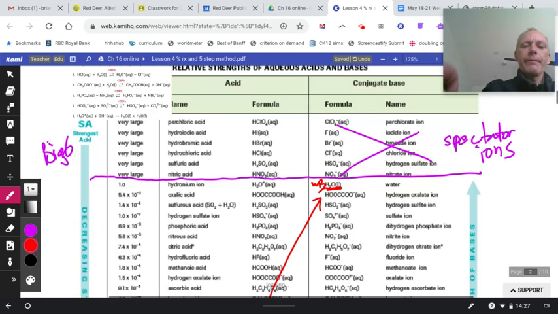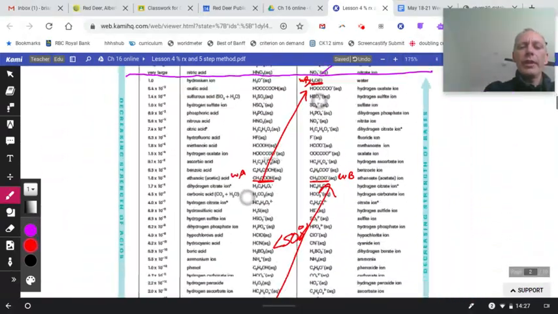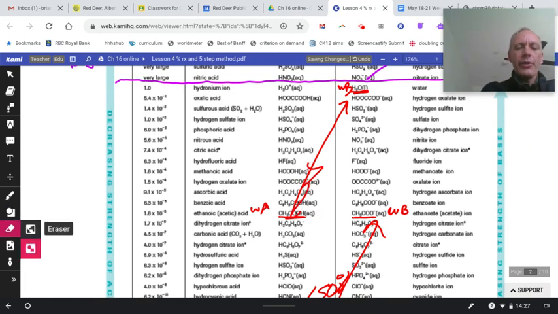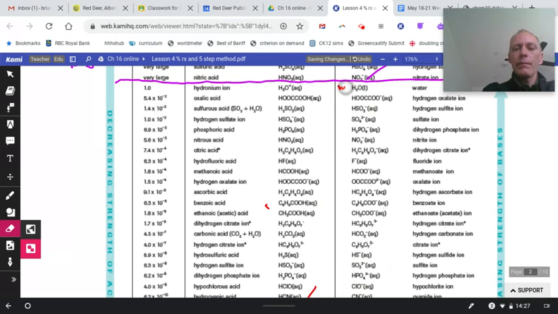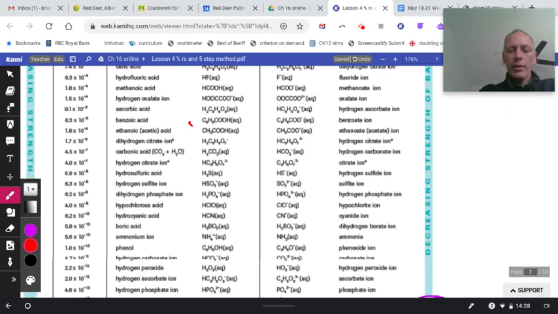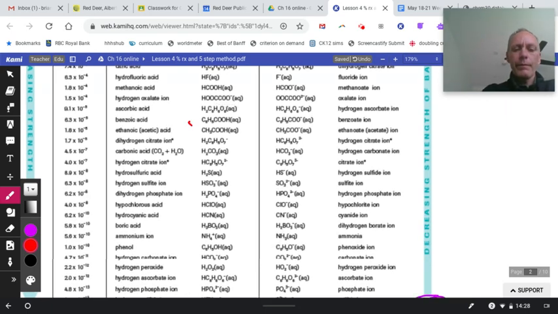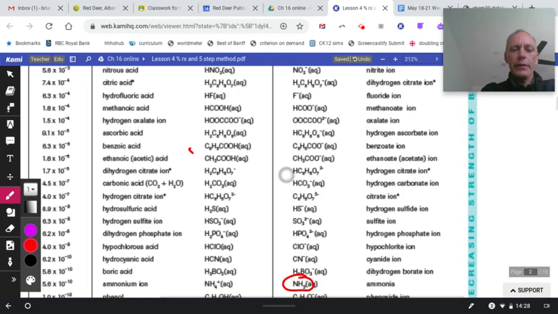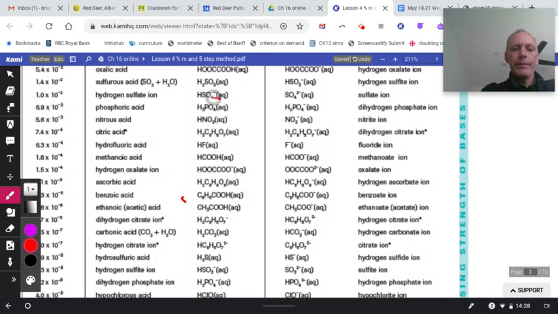Okay, H3PO4 and NH3. Let's clean this up a little bit. H3PO4 and NH3. NH3 is right here, and H3PO4 is right here.